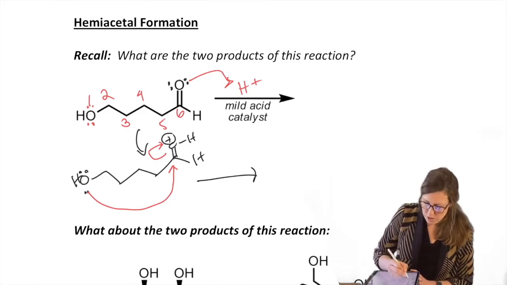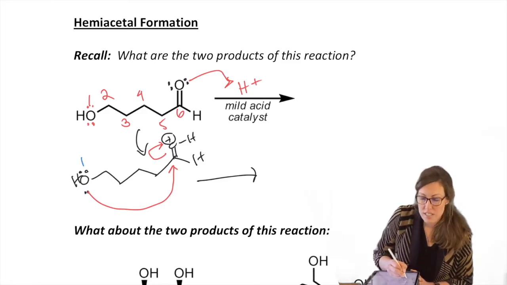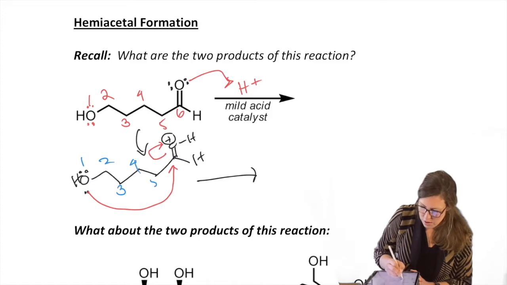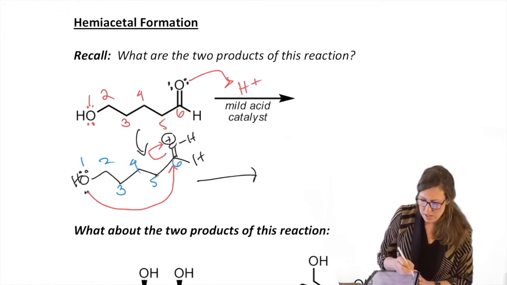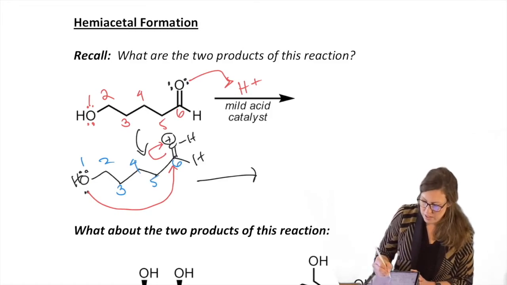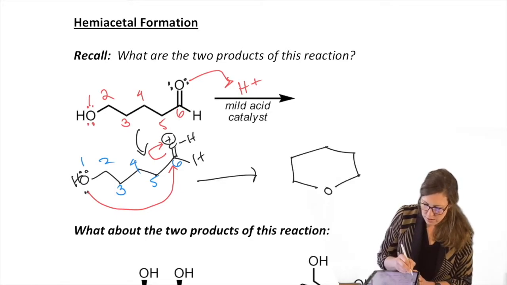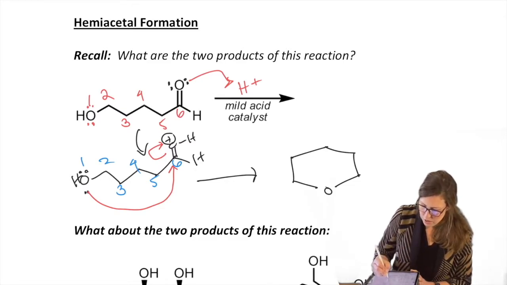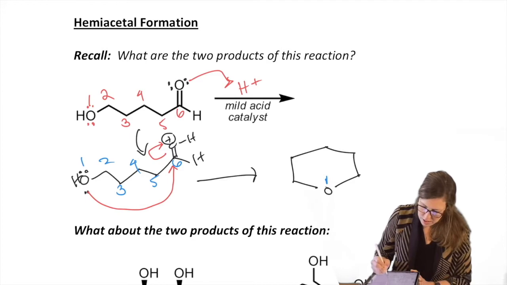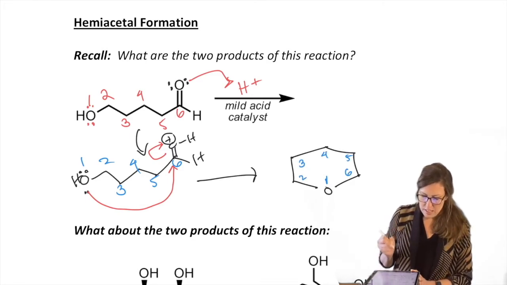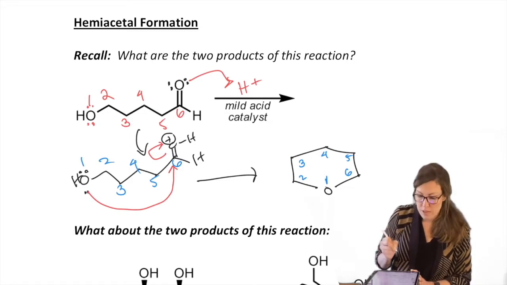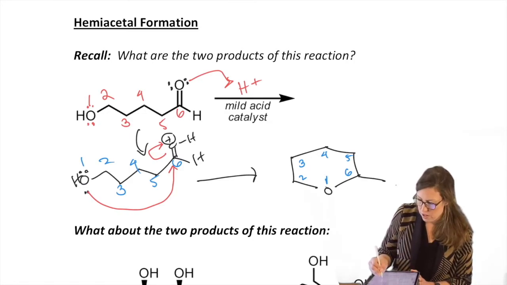Okay, draw those numbers again. 1, I'm starting with oxygen because it attacked. 2, 3, 4, 5. It attacked what? This carbonyl. So that's 6 members of my ring. The oxygen is one of those members. So you draw a cyclohexane with an oxygen incorporated in there. Let's go back to our numbers. 1, 2, 3, 4, 5, 6. 6 was the carbon that got attacked, open to an alcohol.